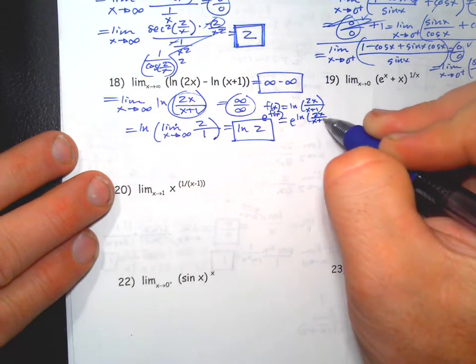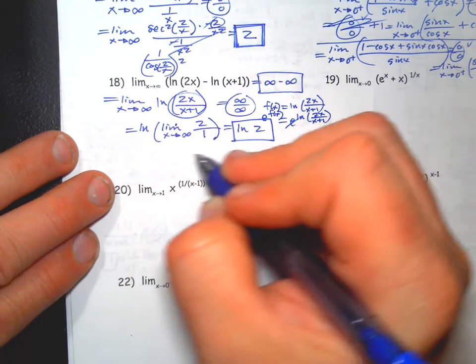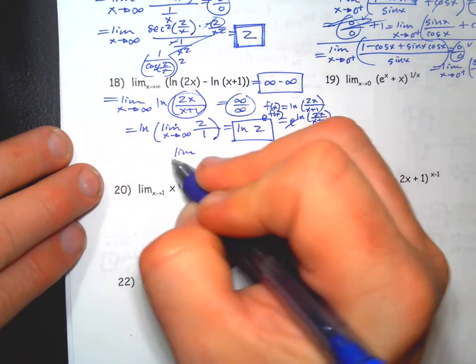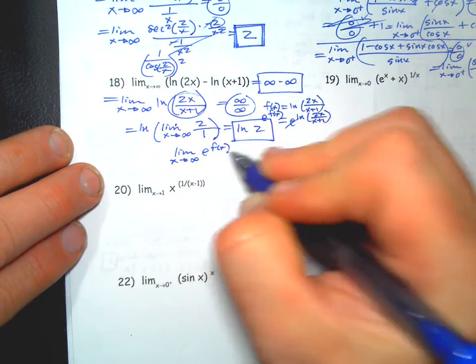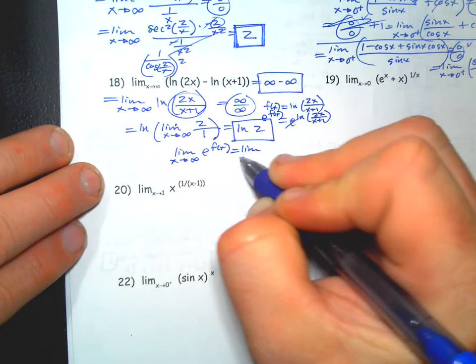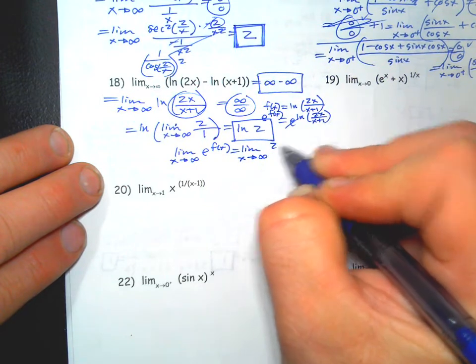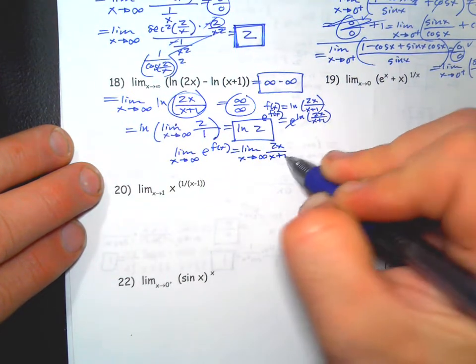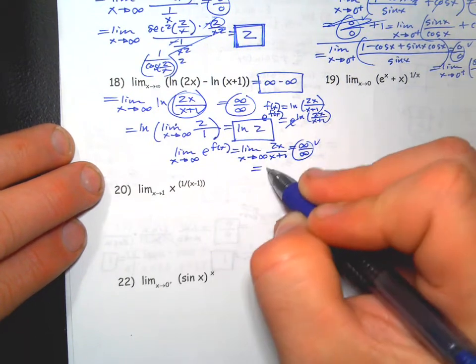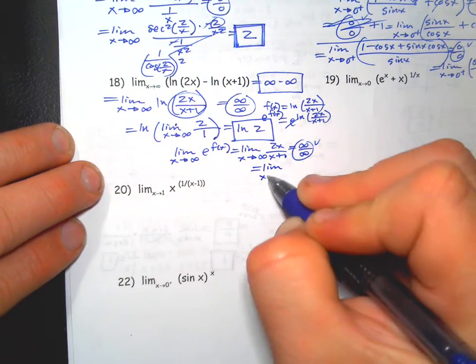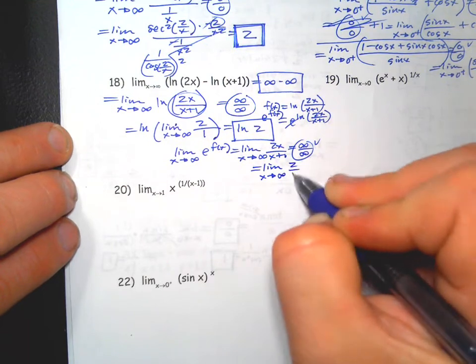You exponentiate it, right? And then we could take the limit as x goes to infinity of e to the f of x, which is the limit as x goes to infinity of 2x over x plus 1, which is infinity over infinity, which gives you the limit as x goes to infinity of 2 over 1, which is 2.